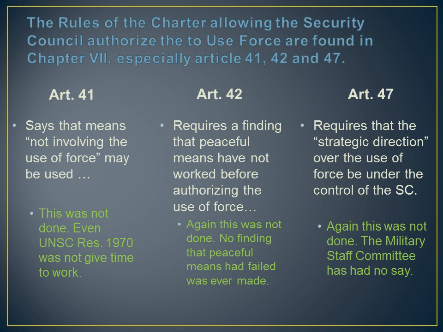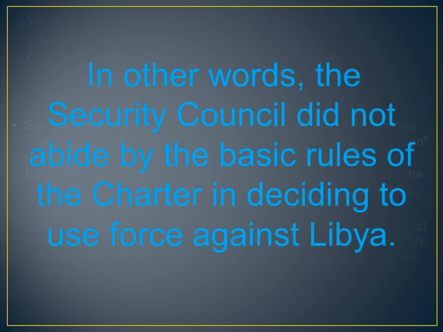It would appear that none of the three articles that must be respected for the Security Council to legitimately and in accordance with international law authorize the use of force have been respected in this case. The Security Council did not abide by the basic rules of the Charter in deciding to use force against Libya. The use of force against Libya was illegal.